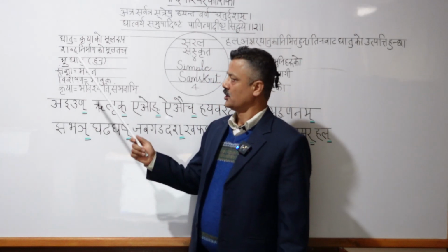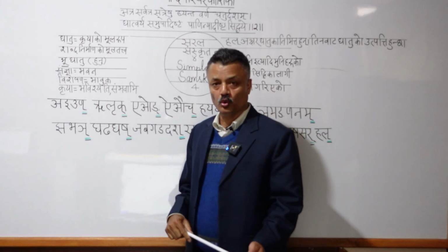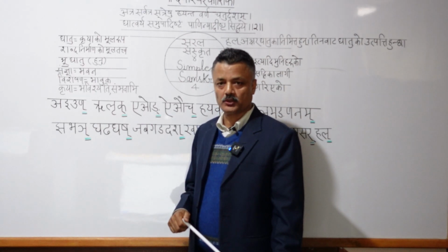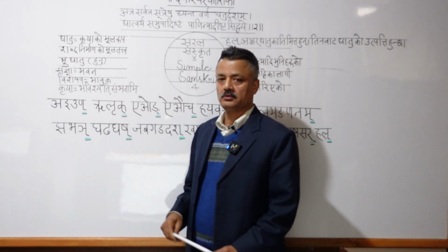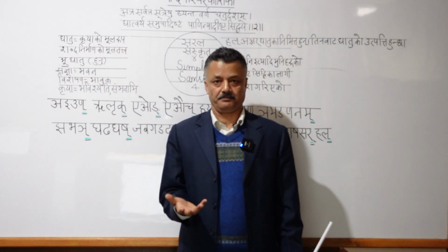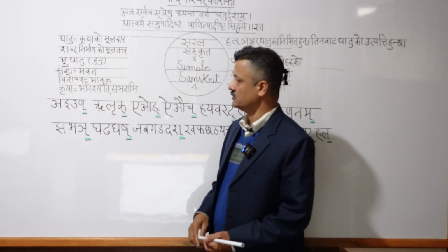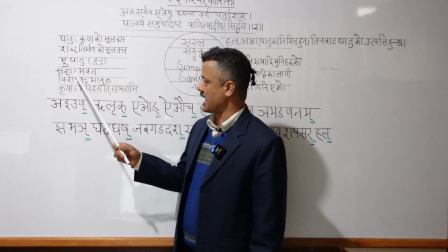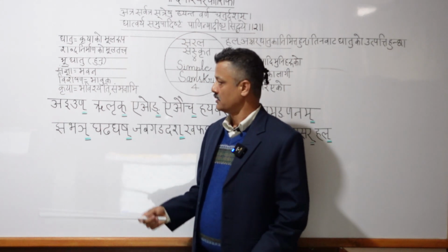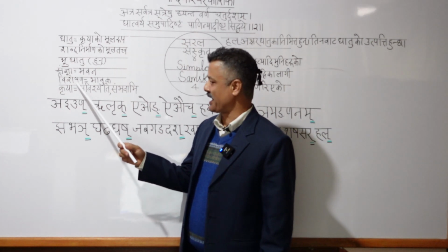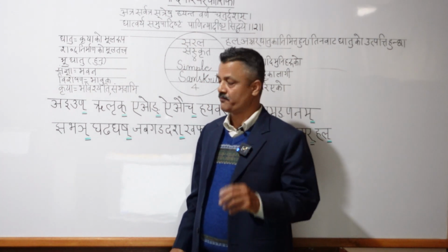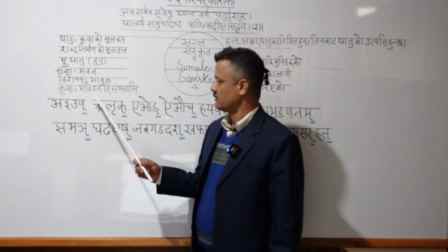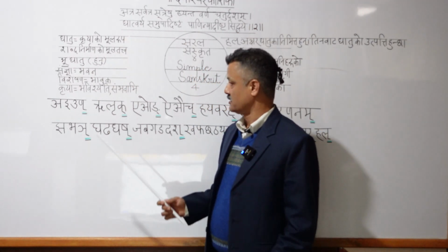For example, we have a root called bhu, B-H-U, bhu dhatu. Bhu means to be. And from bhu, we can form a noun like bhavan, building. We can form an adjective like bhavuk, emotional. We can form a verb like bhavishyati, it will take place.